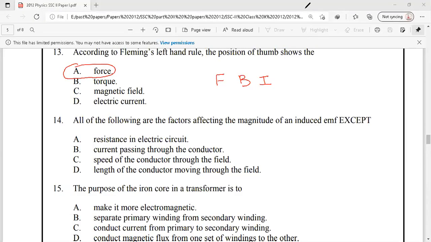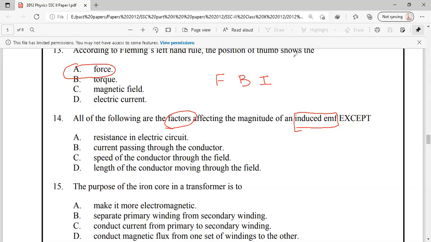Then we have question number 14. All of the following are factors that affect the magnitude of induced EMF except one. So we have all the factors that are affecting the magnitude of induced EMF, and we have to identify which of the following will not affect the magnitude of induced EMF.